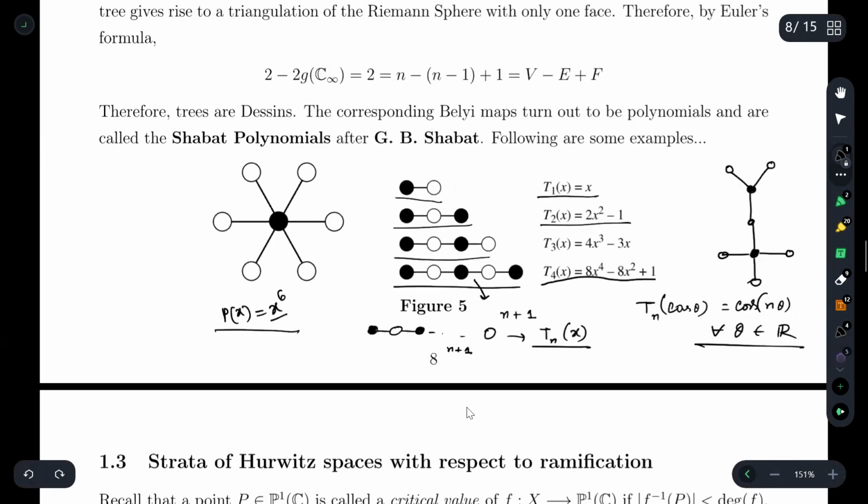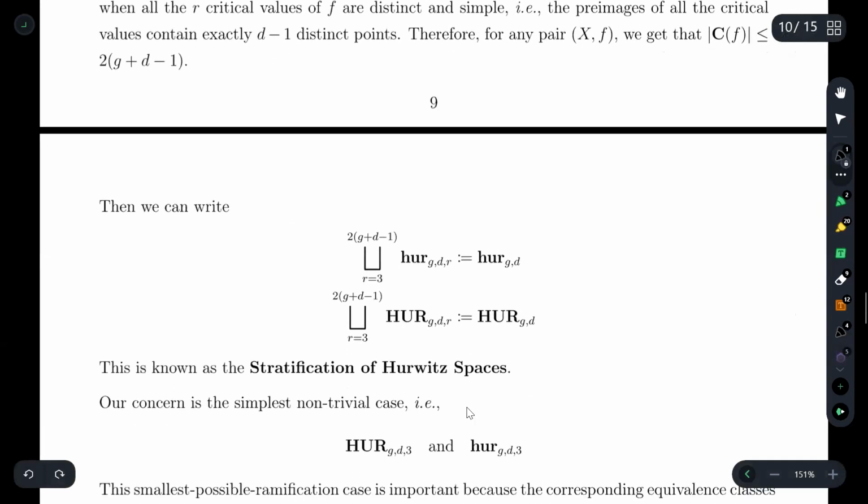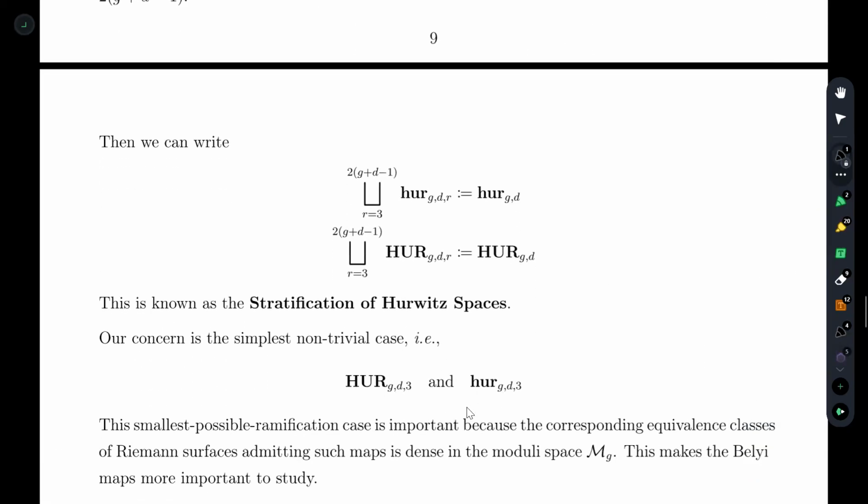And then we can write these Hurwitz spaces as a disjoint union. So we are starting from r equals 3, so this is in some sense a proper definition of the Hurwitz space. We are not considering the cases where the number of critical values is 1 or 2, because those seem to be not that complicated.